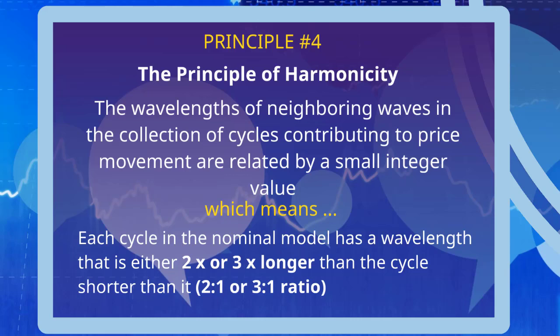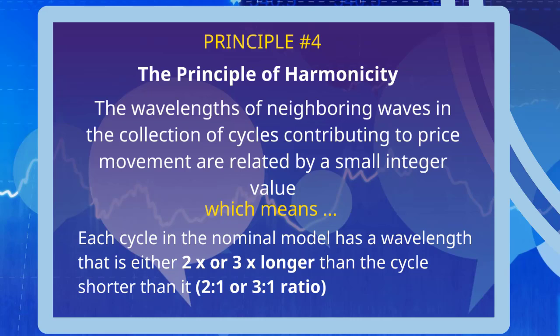And a neighboring wave is simply a cycle which is 1 degree longer or 1 degree shorter in that nominal model. And so, in fact, the principle of harmonicity we met in the previous video, because part of the principle of nominality was that the wavelengths are harmonically related.